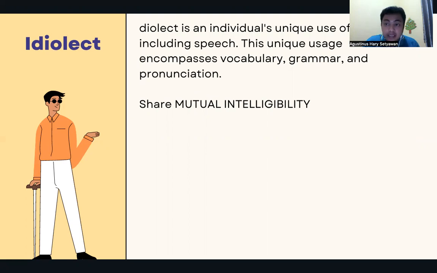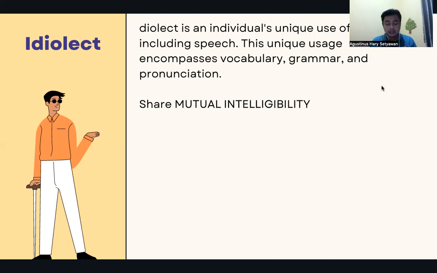After knowing about dialect, idiolect is an individual, unique use of language. So it is related to the individual, including speech, usage of vocabulary, grammar, pronunciation, and others.